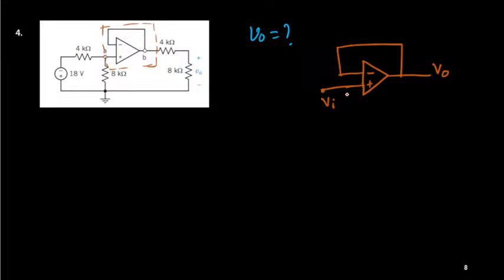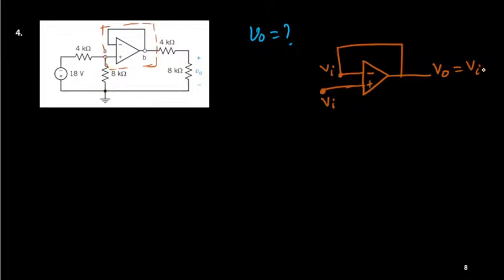So this circuit is very easy to analyze because there is a feedback. Whenever there is a feedback, I have said that these two potentials will be virtually connected. So this potential is also VI, and this end and output is also connected, so output is also VI. Is it correct?